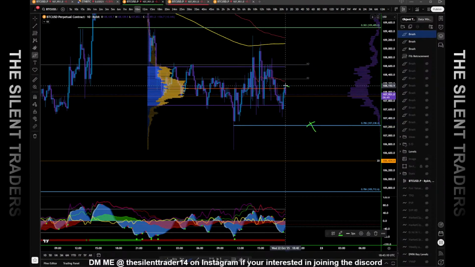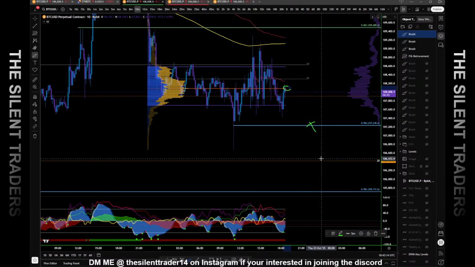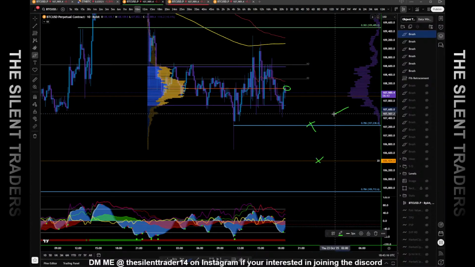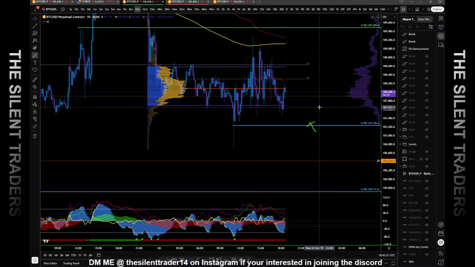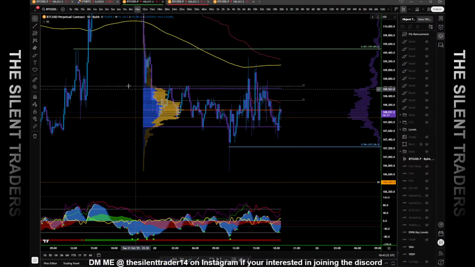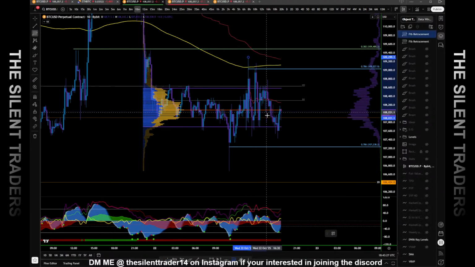If you can't reclaim this local POC and you don't feel like shooting all the way down here, this is a very clear target zone. If that's a real golden pocket bounce and it's going to work, let's pull a fib from the high to the low.